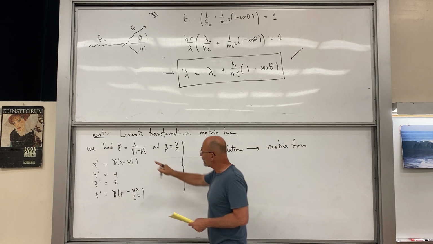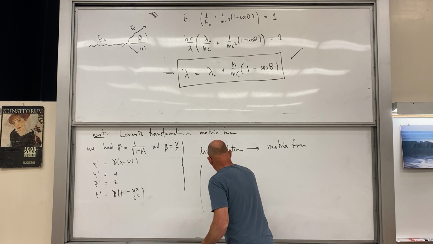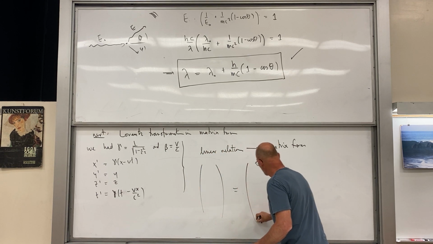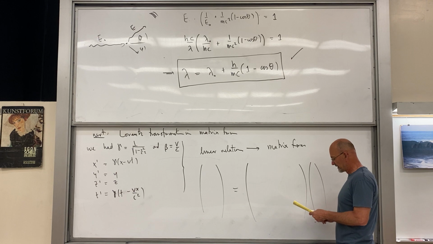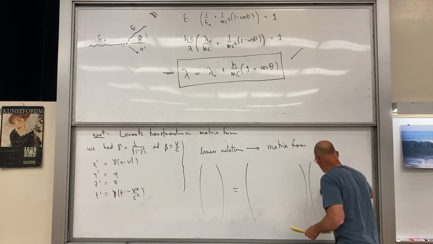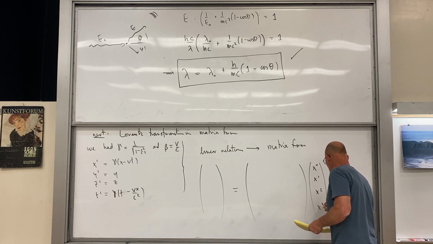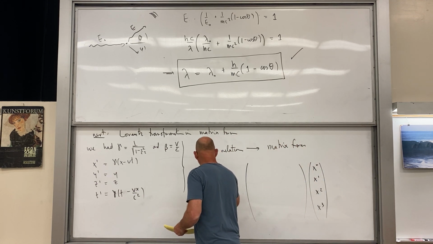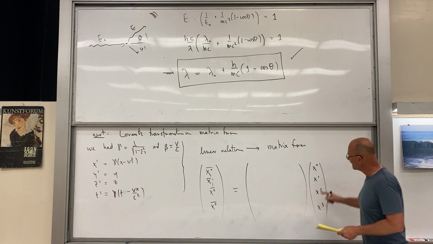So we're going to replace the primes with overbars, and let's just set up the way we would a matrix. Vector is matrix times vector. With overbars and superscripts, we've got x0, x1, x2, x3, and x0 overbar, x1 overbar, x2, x3. Okay, so those are the primed and the unprimed.